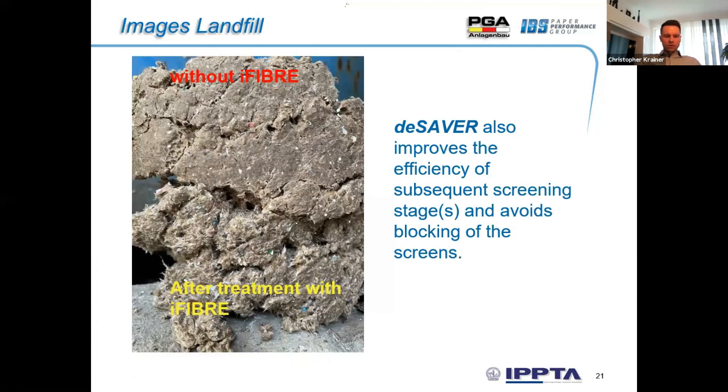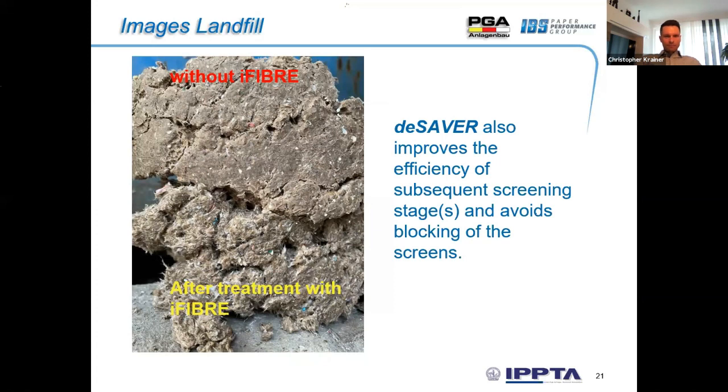We use the unit before the last screening stage. During this test, we were only able to treat approx 30% of the total flow. Nevertheless, as you can see, the significant reduction in the amount of fiber.